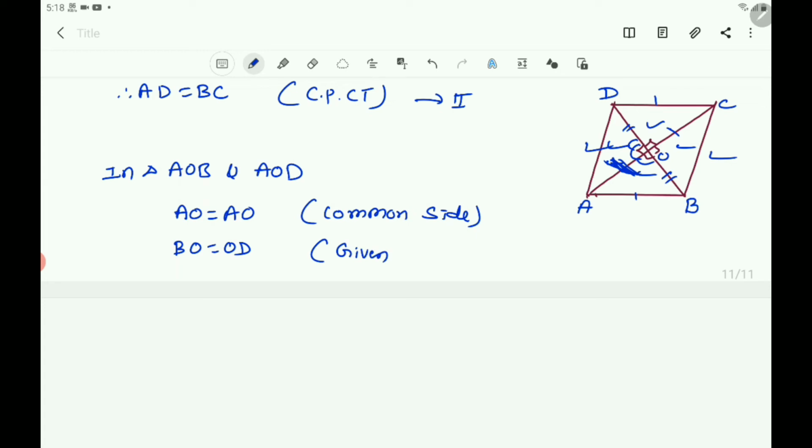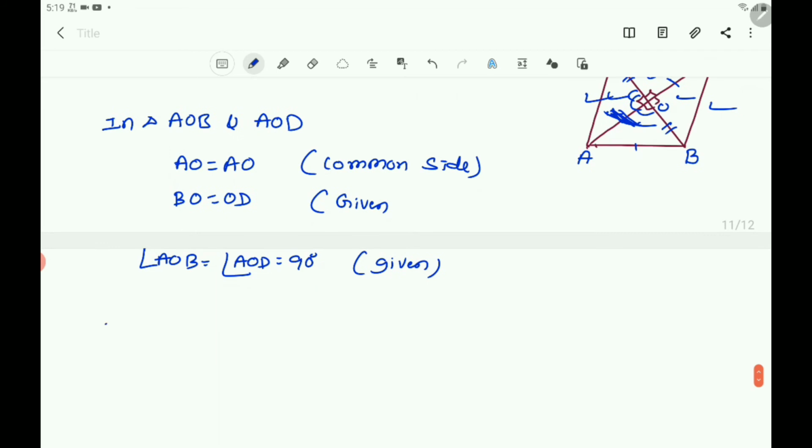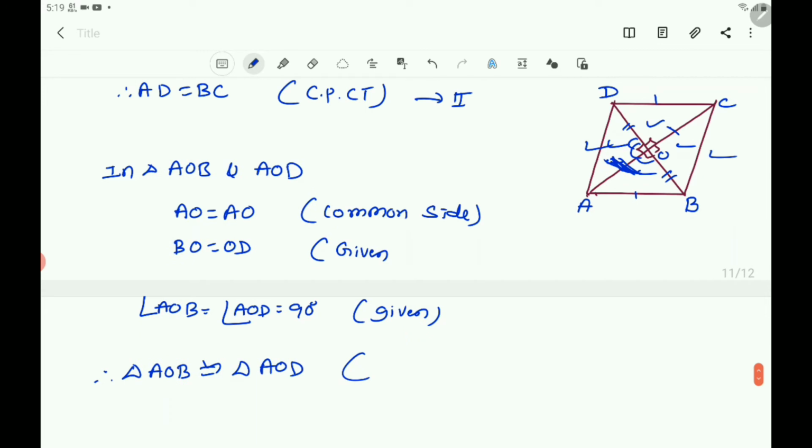Also you know that angle AOB equals angle AOD. Both are given to be right angles, 90 degrees. Therefore triangle AOB is congruent to triangle AOD according to the SAS congruence rule.